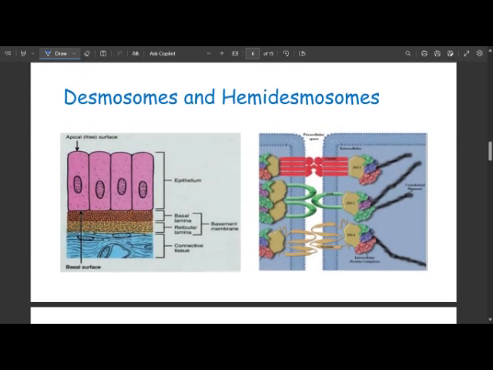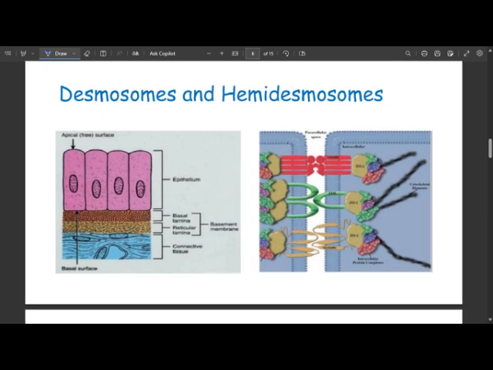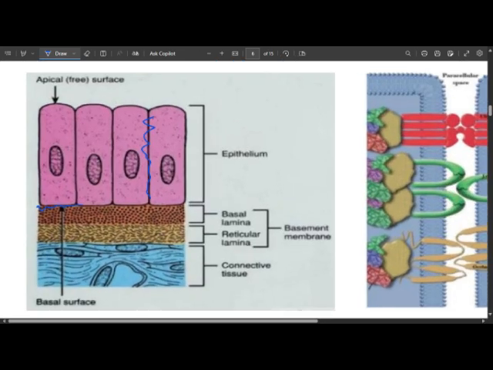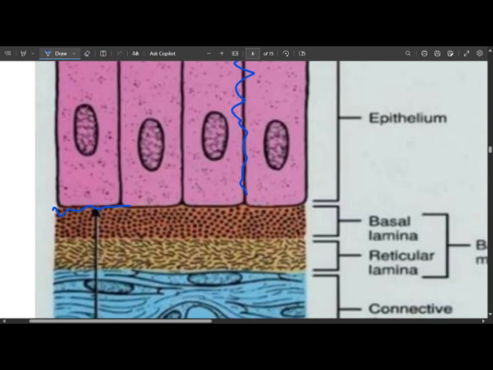Okay, so this is a picture showing your desmosomes and hemidesmosomes. So when you have your epithelium like that, the desmosomes will connect the cells here where the cells are adjacent, and then on the basement membrane here you have your hemidesmosomes. So it's half a desmosome in the sense that you have one spot weld there with the intermediate filaments.